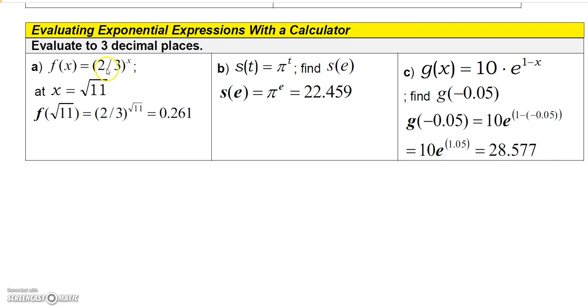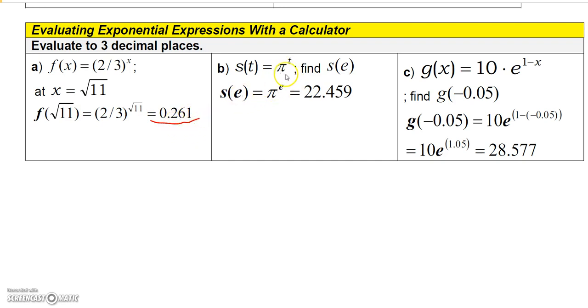So I've given you some weird numbers here, but let's start with the function 2/3 to the x power. If we evaluate that at square root of 11, 2/3 raised to the square root of 11 should equal 0.261. And so just make sure that you can get that answer rounded to 3 decimal places.